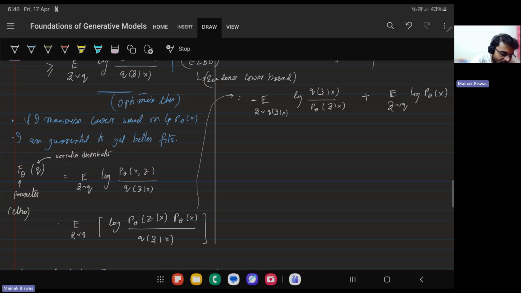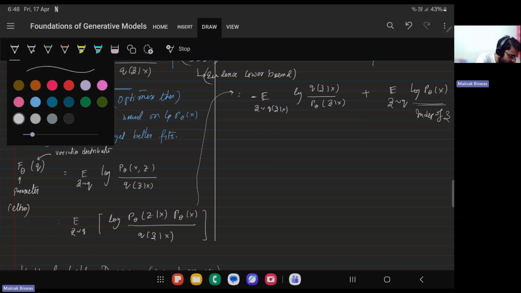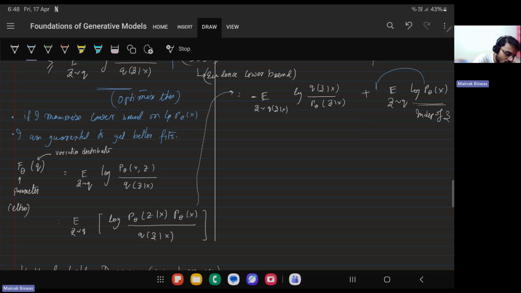You see, this function here is independent of z. So you can just take it as a constant and pull it out. It's the expected value of 1, which is 1, into log p theta of x. And this term here is the integral of q of z given x, log of q of z given x over p theta of z given x.